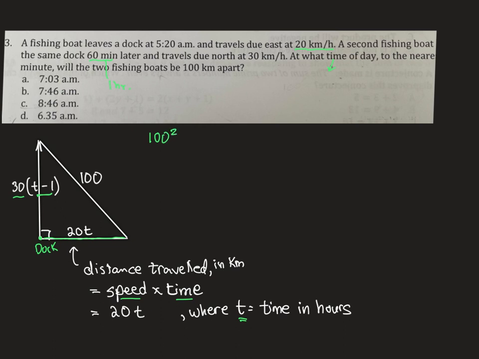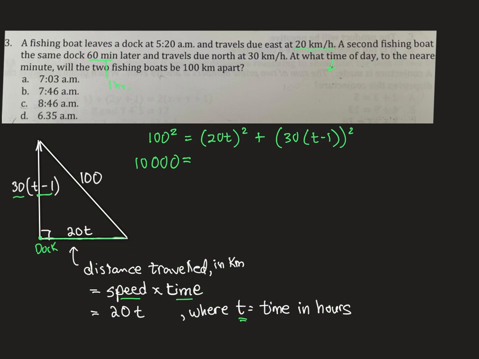So the hypotenuse squared equals the sum of each of the other two sides, each squared, so (20t) squared plus 30 times (t minus 1) squared. All right, let's simplify that right-hand side. Well, we can do the left too. 100 squared is going to be 10,000.